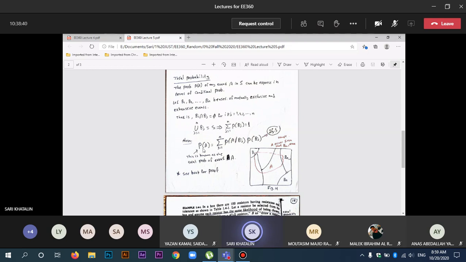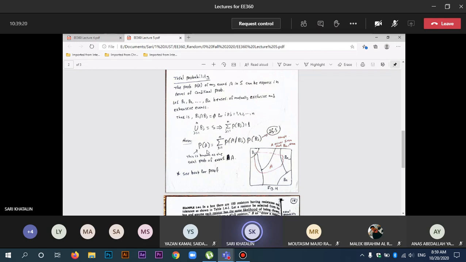If this has happened, and let's say we have an event A, so the probability of any event in S can be expressed in this way. Because A is depending on B1, B2, B3, all of them. Let's say the probability of A given B1, the probability of A given B2, and so on and so forth.